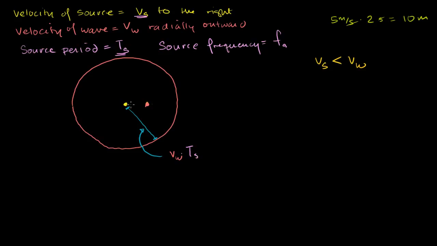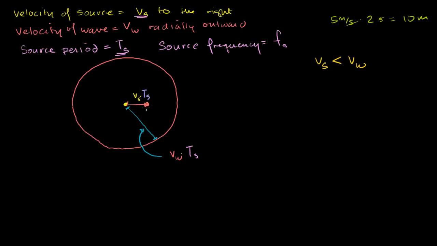So this distance right there is going to be the velocity of the source, v sub s, times the amount of time that's gone by. And I said at the beginning, that amount of time is the period of the wave. That's the time in question. So period of the wave.